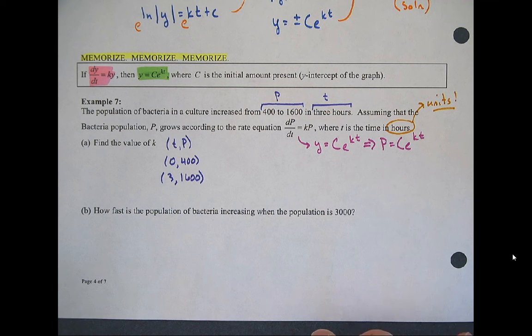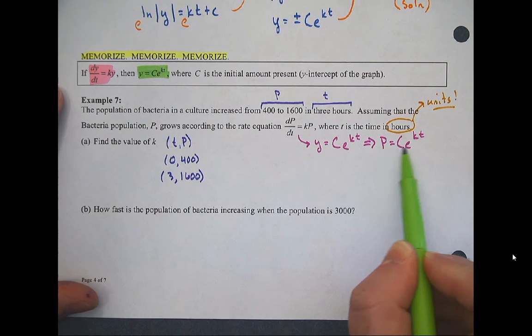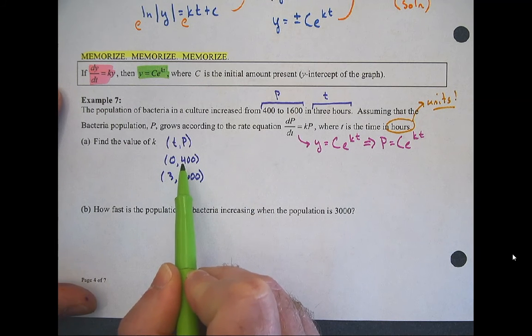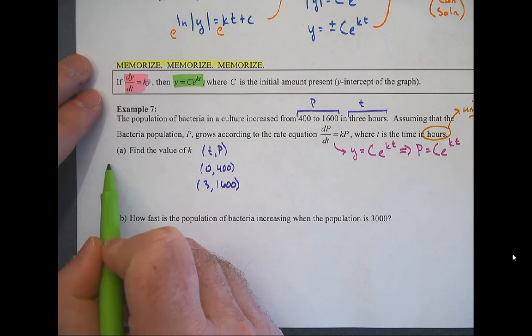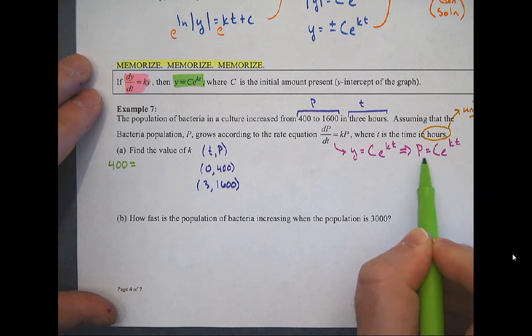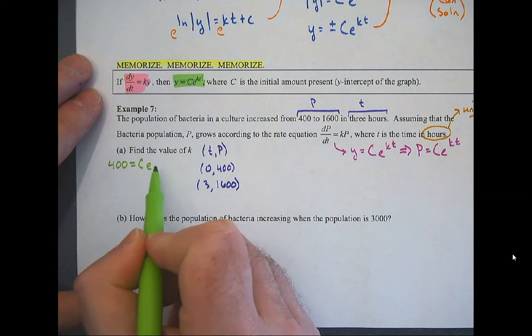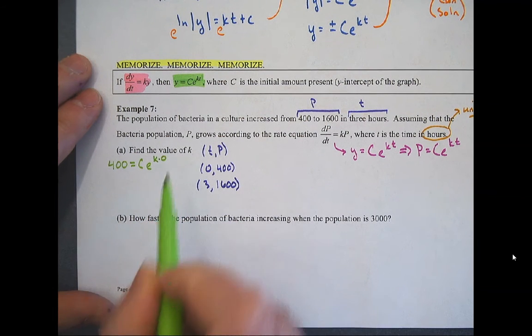All right, let's put this together. Let's first figure out what big C is. I'm going to tell you it's going to end up being 400 every single time, but let's prove it. Population 400 is equal to big C times e to the k, we don't know what k is yet, but we do know that time is 0.